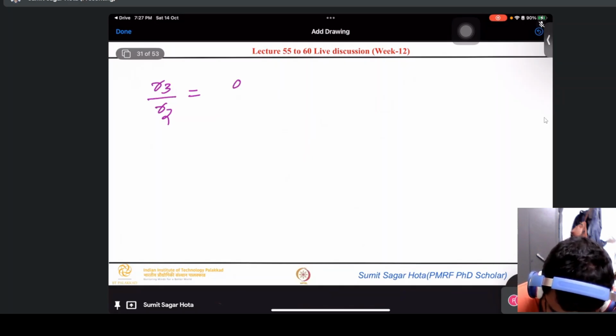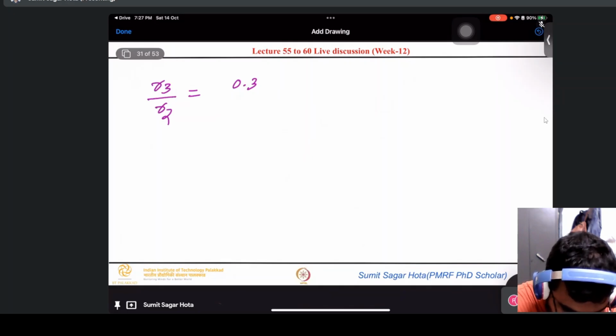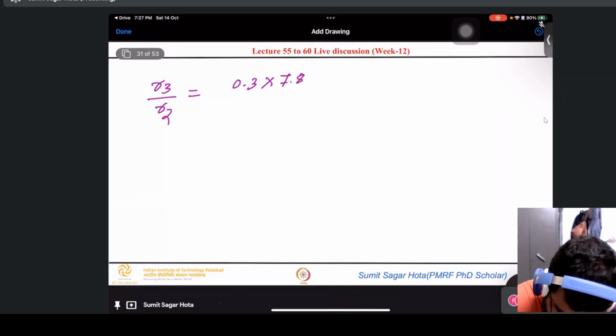I'm directly putting the values in the formula. This is your hub-tip ratio at the exit, that is 0.3 into 7.85. This is the formula of R3 by R2, already taught in your subject.